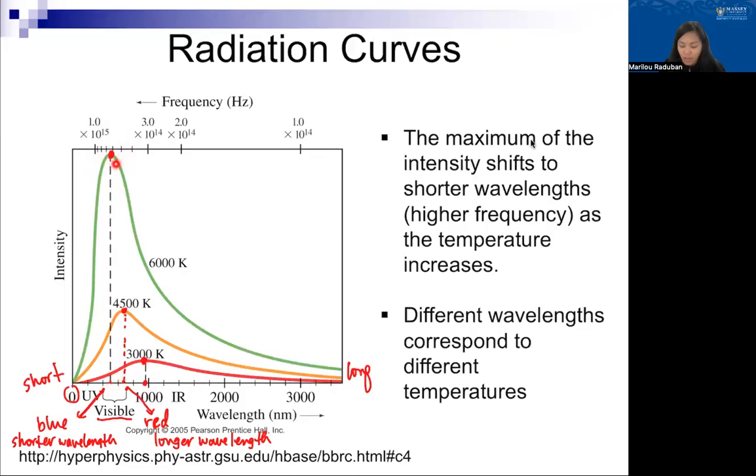Okay. So going back to blue and red, blue has a shorter wavelength compared to red. So that means which color, blue or red, will have a higher amount of radiation, a higher intensity for radiation? Is it blue or red?